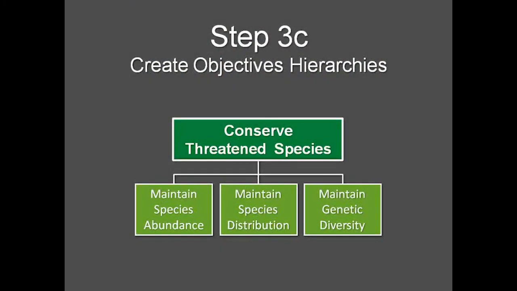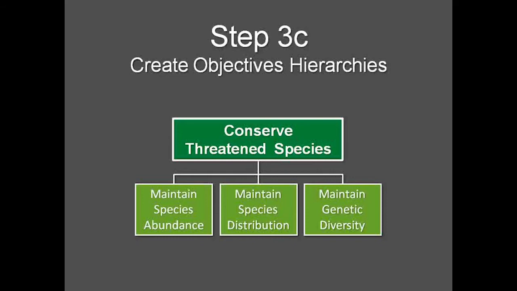But so we're asking, is this part of something larger? So here's a little example that we have. Three objectives that we might have in some sort of generic endangered species, threatened species example. We might fundamentally care about maintaining species abundance. We want to have the numbers of the animal around. But we may also want to maintain the species distribution. We want to have the species in the same places that it was historically.